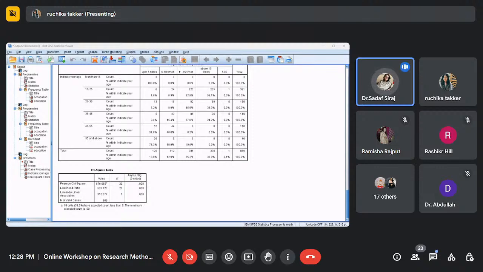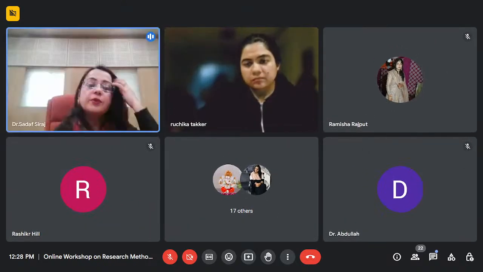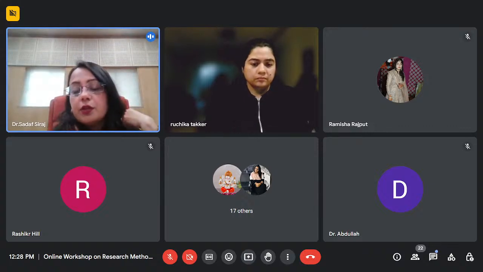So there is a lot of variance in the frequency of visiting the mall. It is not uniform, with all the age groups visiting in the same manner. Some age groups are frequenting the mall on a more regular basis than others. And so we are able to statistically prove this also, that in terms of age groups, the kind of people who are visiting the mall is different.